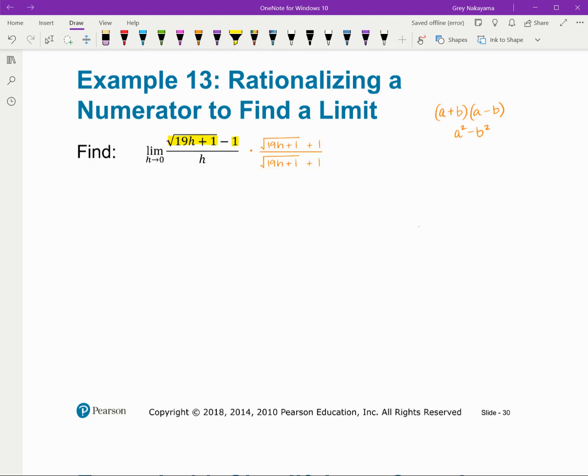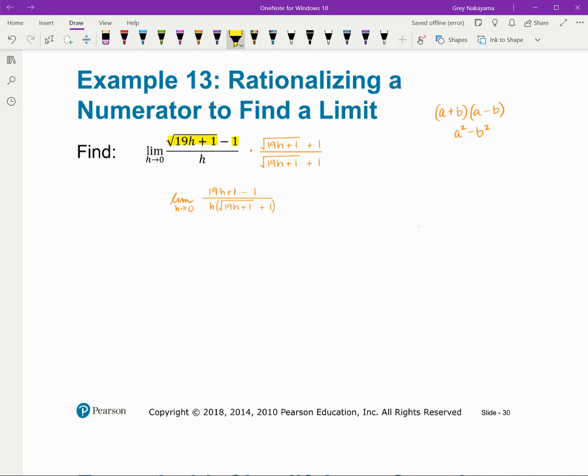Now when I multiply that, the limit as h approaches 0, when I multiply the square root of 19h plus 1 times the square root of 19h plus 1, I didn't change what's under that radical. When you multiply them together, the radical goes away, leaving me with just 19h plus 1. And then it's always minus, and then 1 squared is just 1. So it's minus 1 up top, and you don't need to multiply out the bottom.